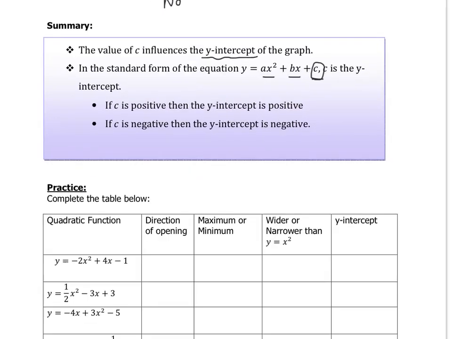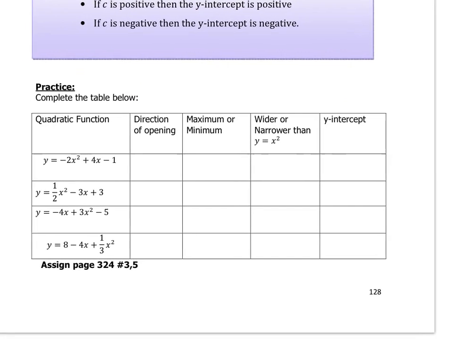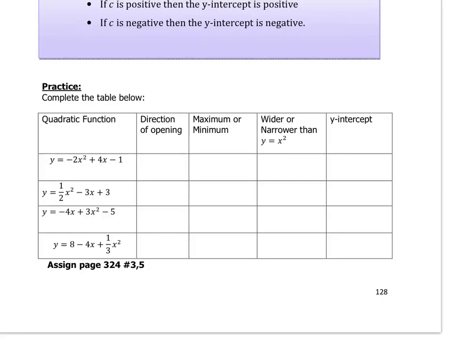So we're going to look at this table down below now and see if we can put it all together. The first one asks you to determine the direction of opening. The direction of opening is affected by the A value. In this one, the A is negative, so it's going to open down, and if it opens down, then it's going to have a maximum value.